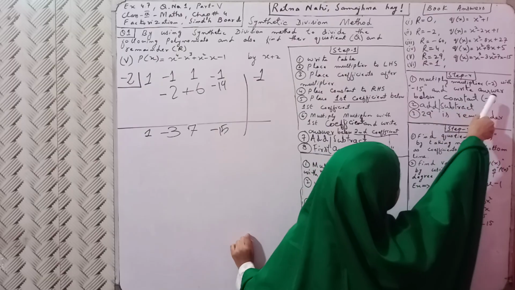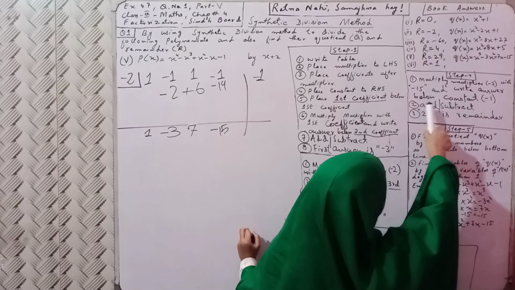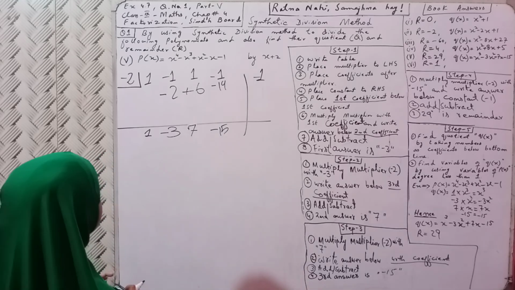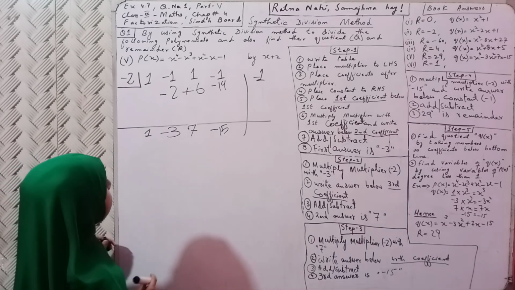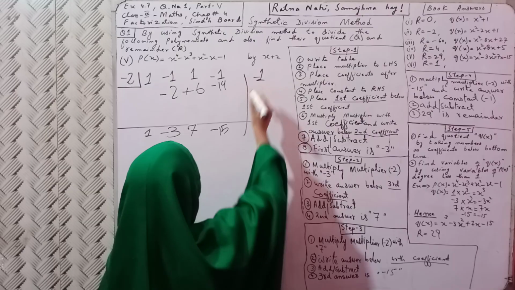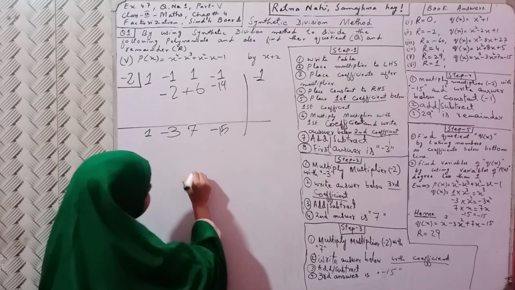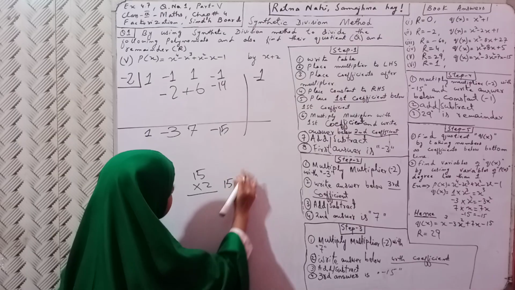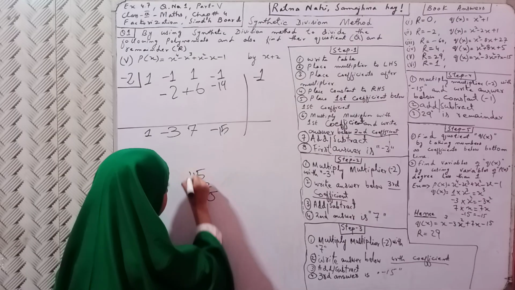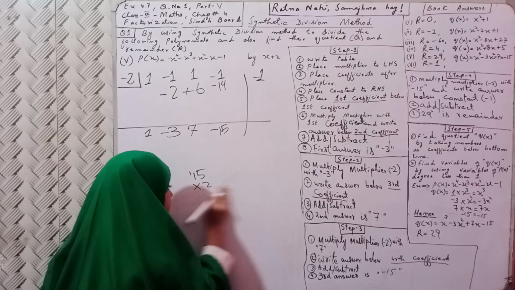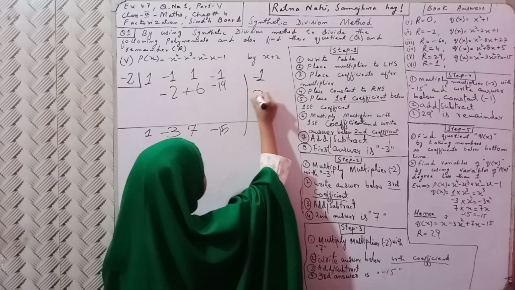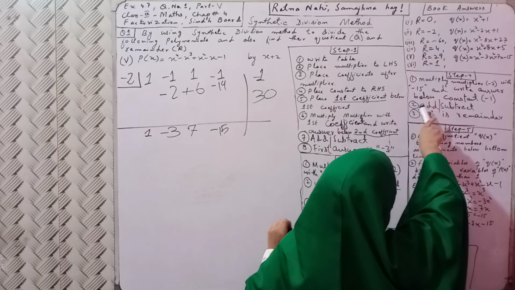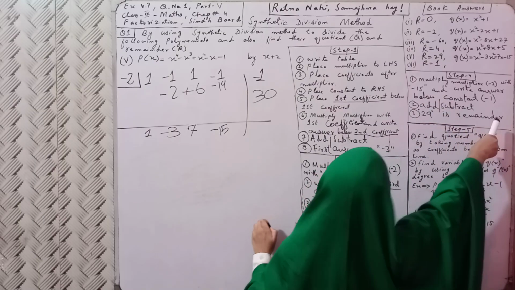Now let's go ahead to step number 4. First of all multiply minus 2 with minus 15 and write the answer. So here will come plus 30, below constant minus 1.